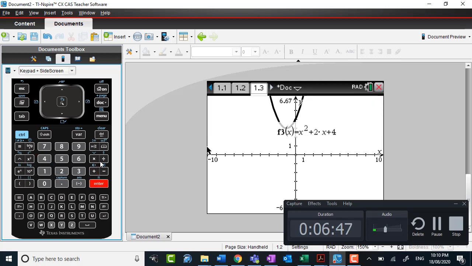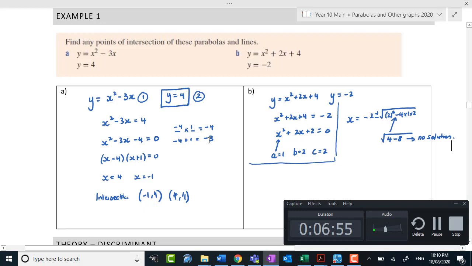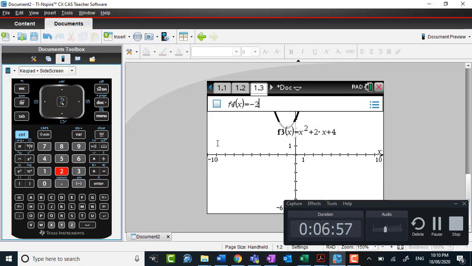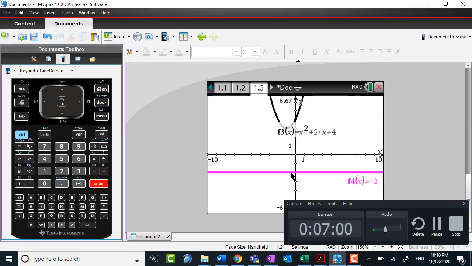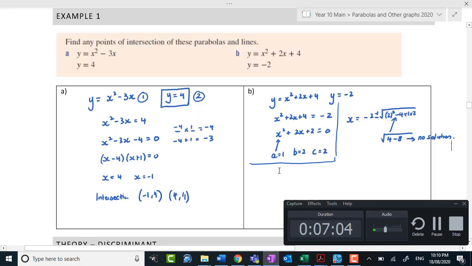First of all, that is a graph which has a turning point clearly above the x-axis. If I press tab and go to y equals minus 2, then as you can see, there is no point of intersection. So for find any points of intersection, well, there is no intersection.